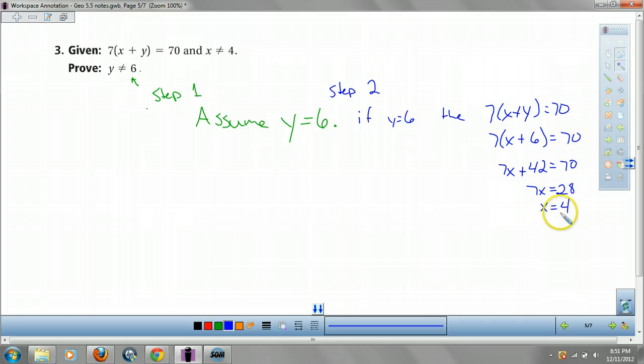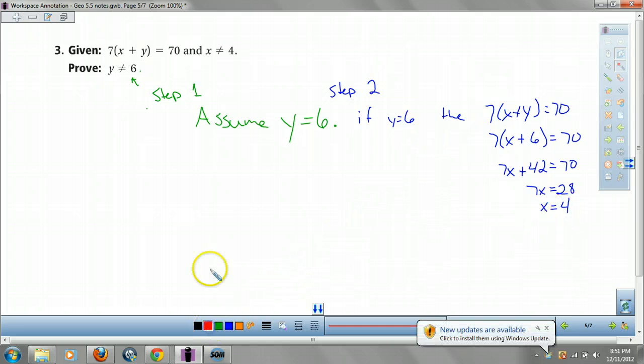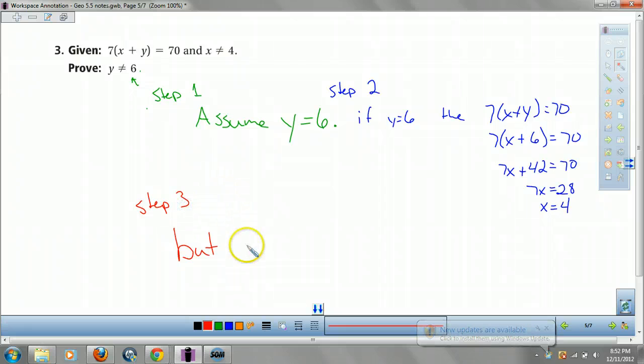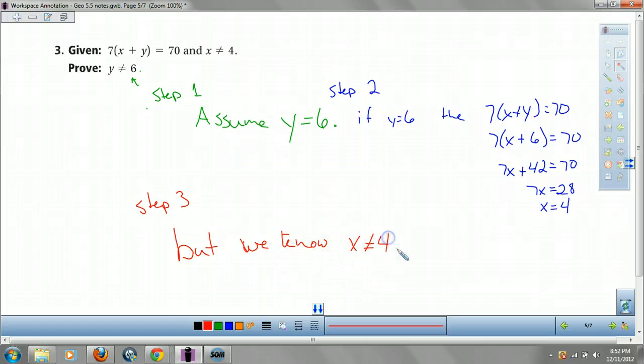So if y equals 6, then x equals 4. But, step 3, we know x does not equal 4, so there's a contradiction.